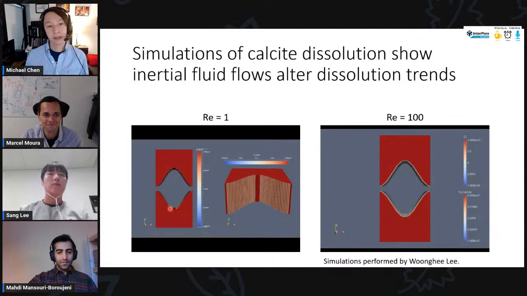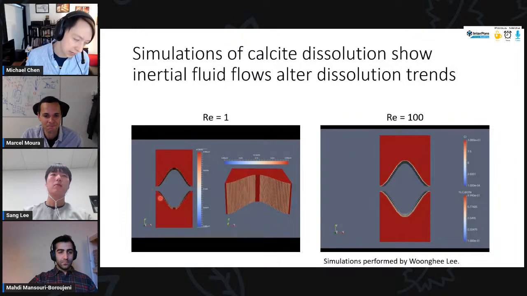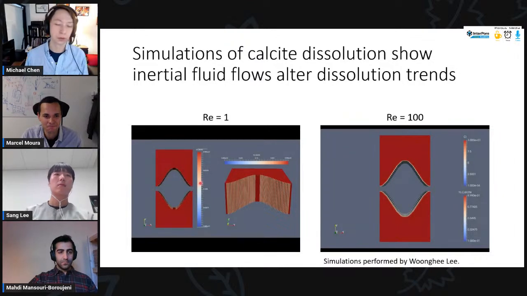What you would see, if I was playing this low Reynolds number video, is streamlines that follow very nicely the shape of our little sinusoidal pore throat. And then as time advances, our mineral is dissolving and receding backwards, further back. But what you would see is that near this inlet, you would see more dissolution than at the outlet.